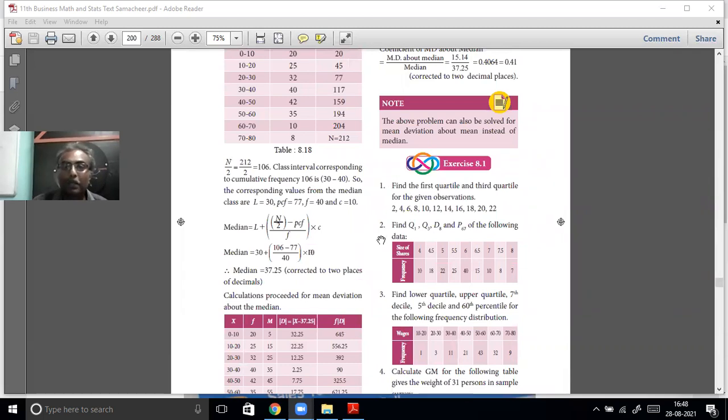You can also do second sum. Do sum 1 and sum 2 of Exercise 8.1. Remember that. Homework. Exercise 8.1, first and second sum. Very easy.